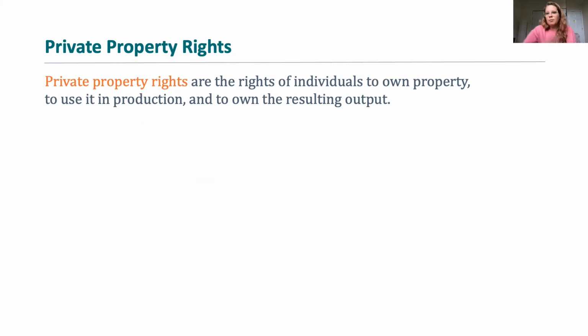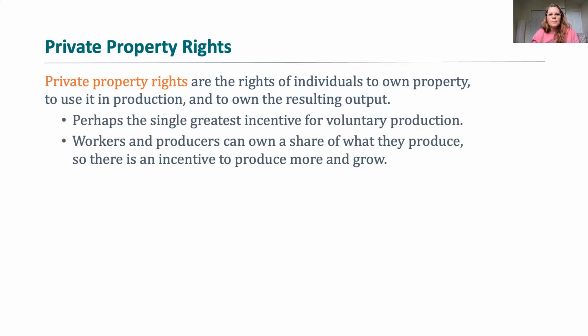Private property rights are probably what I would say is the most important institution for fostering economic growth, because this is the institution that gives the right to individuals to own something and to use it for productive capability. And so it creates incentives, right? And we know that people respond to incentives. That was one of the Chapter 1 foundations.